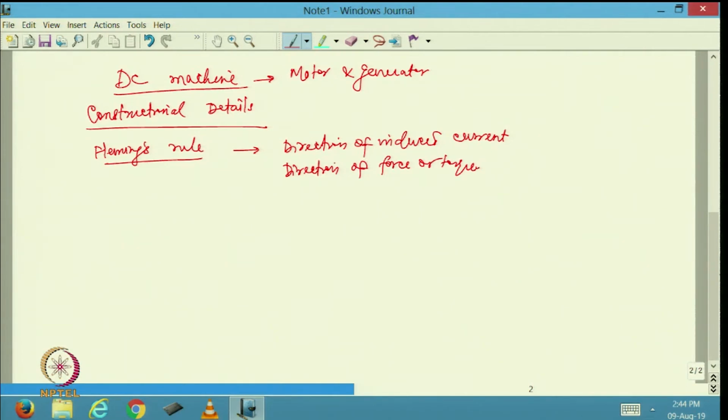So this is for motor and this is for generator. For generator, we will normally use the right hand rule, Fleming's right hand rule, whereas for motor we will use the left hand rule. So these two we will be looking at.